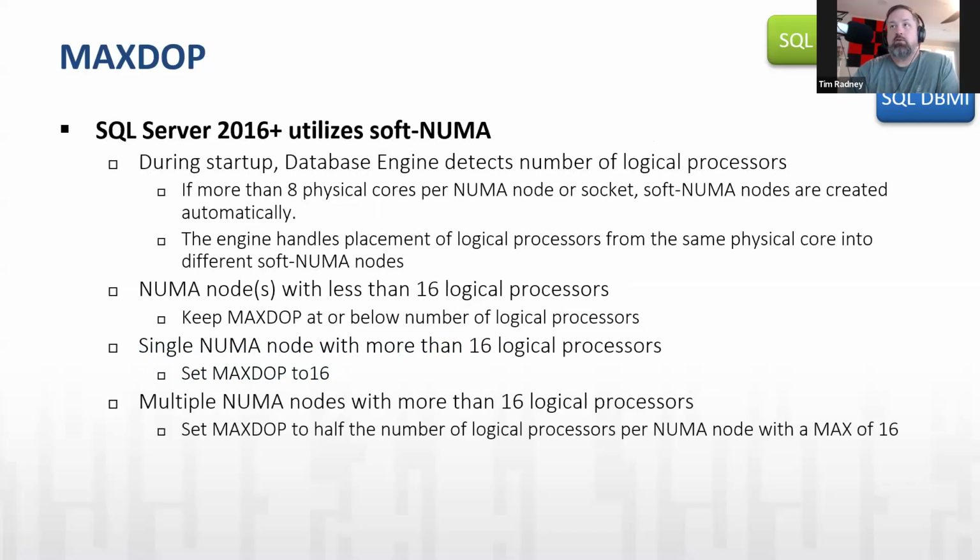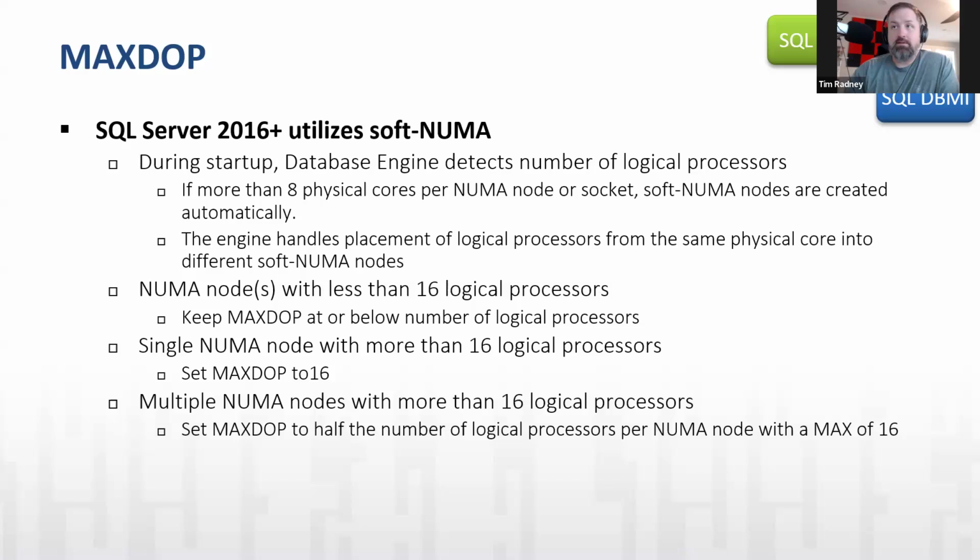SQL Server 2016 introduced soft NUMA. This all gets weird with virtualization and different values. But pretty much the standard guidance is if you have more than 8 physical cores per NUMA node or socket, soft NUMA nodes are created automatically, so the engine handles a lot of that. For NUMA nodes with fewer than 16 logical cores, keep MAXDOP at or below the number of logical cores.